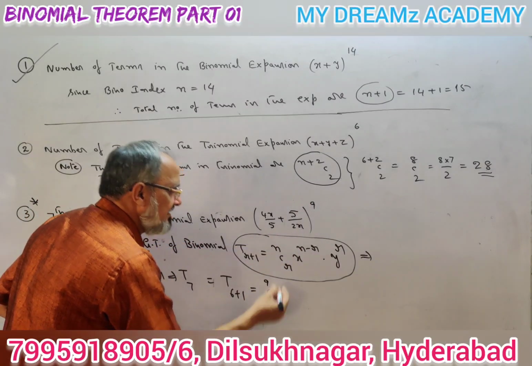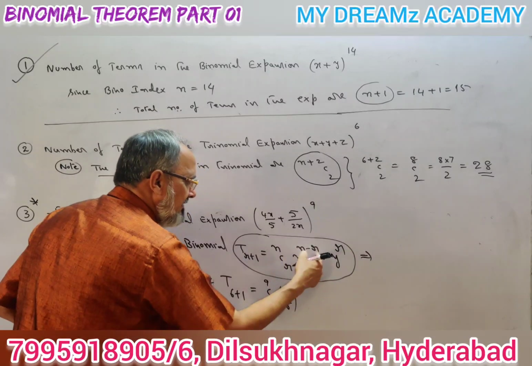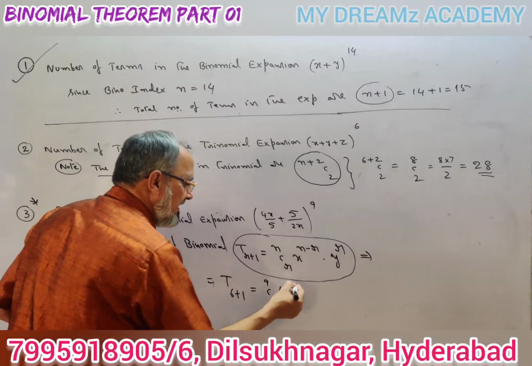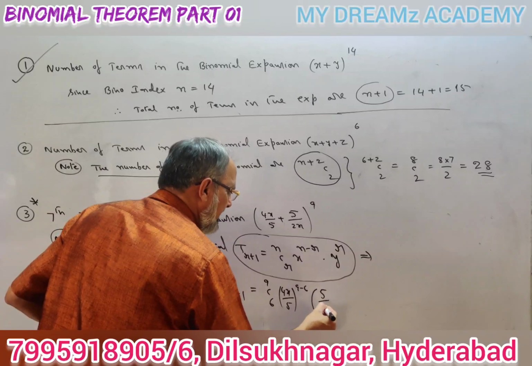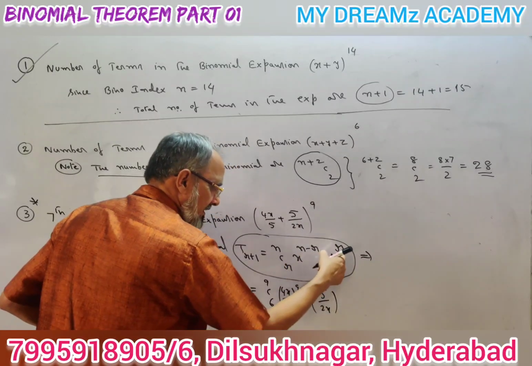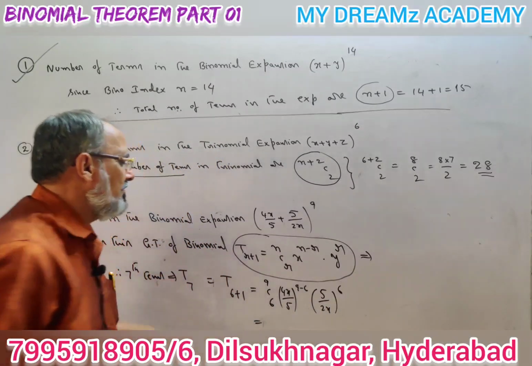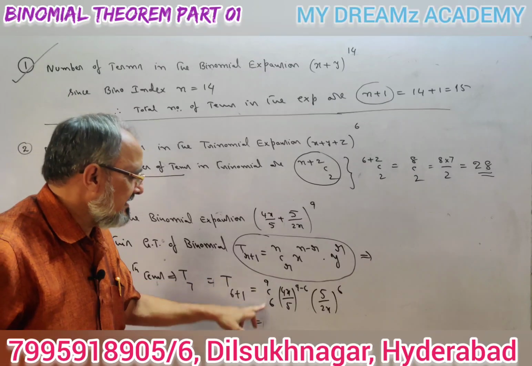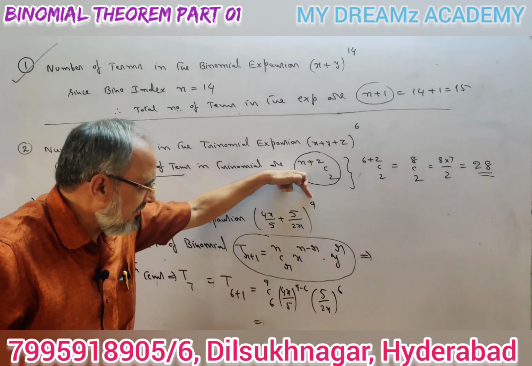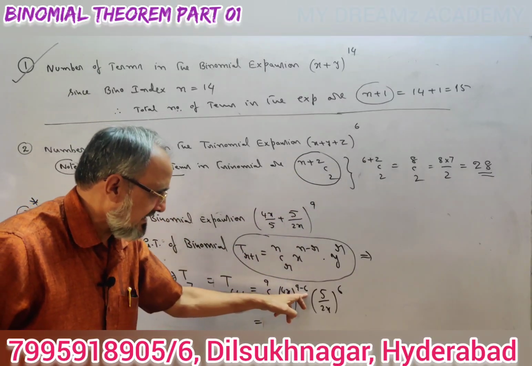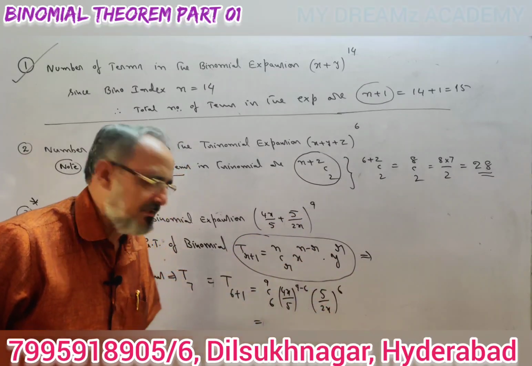n is the binomial index, so 9C6, the first term (4x by 5) whole to the power of n minus r. n is 9, r is 6, so 9 minus 6, into the second term (5 by 2x) to the power of r, and r is 6. So I repeat: nCr is 9C6, x to the power of n minus r is 9 minus 6, and y to the power of r, where y is the second term, is (5 by 2x) power 6.